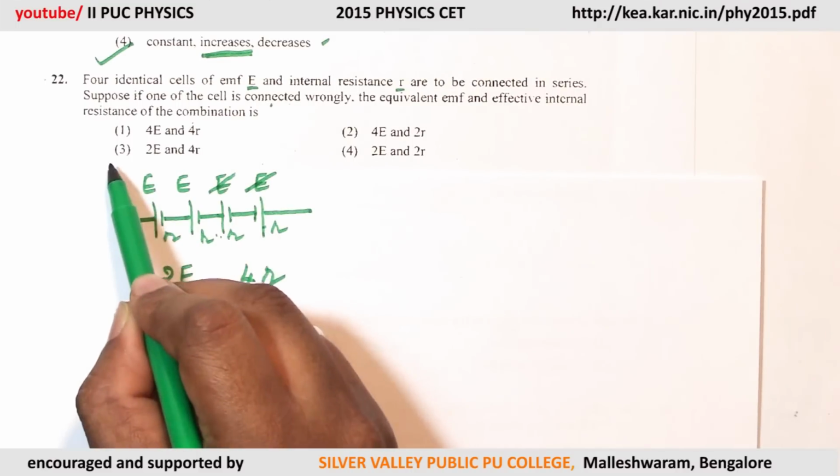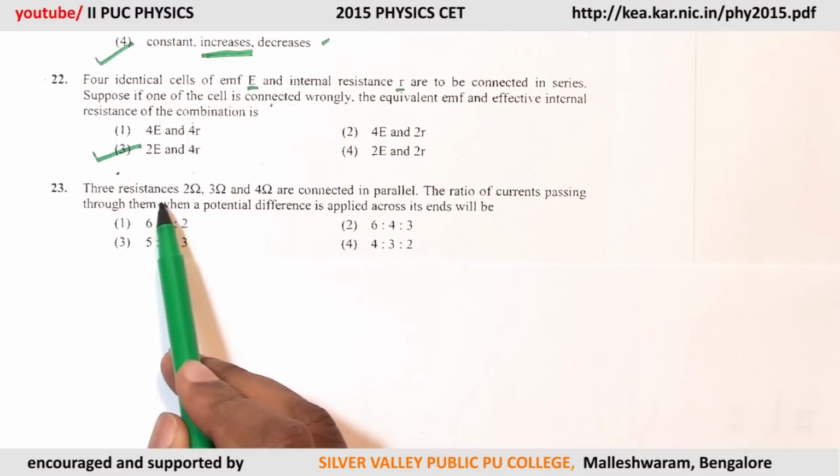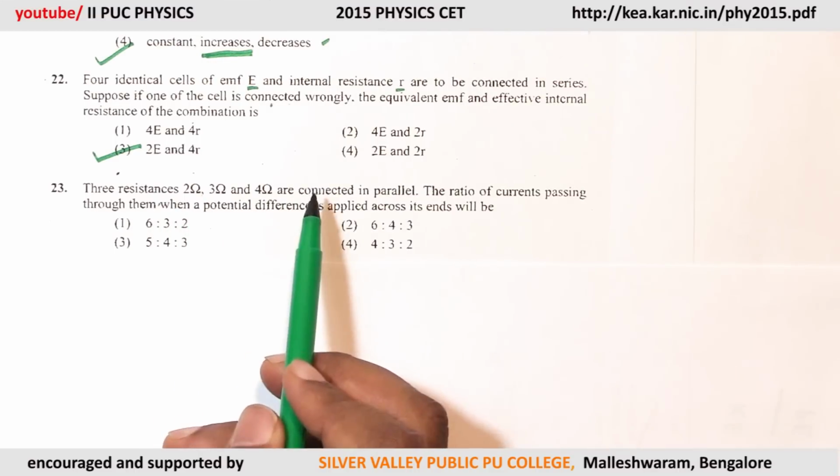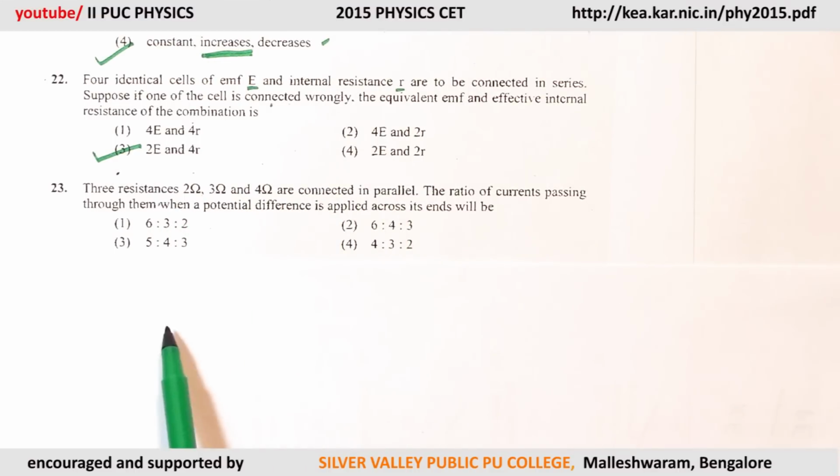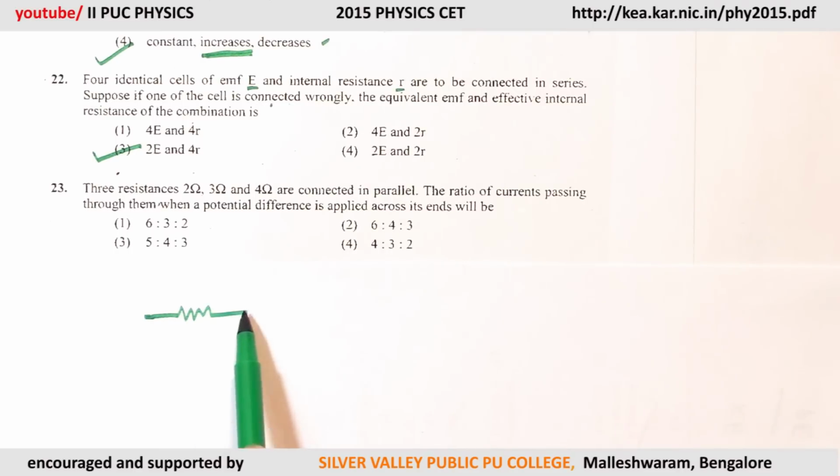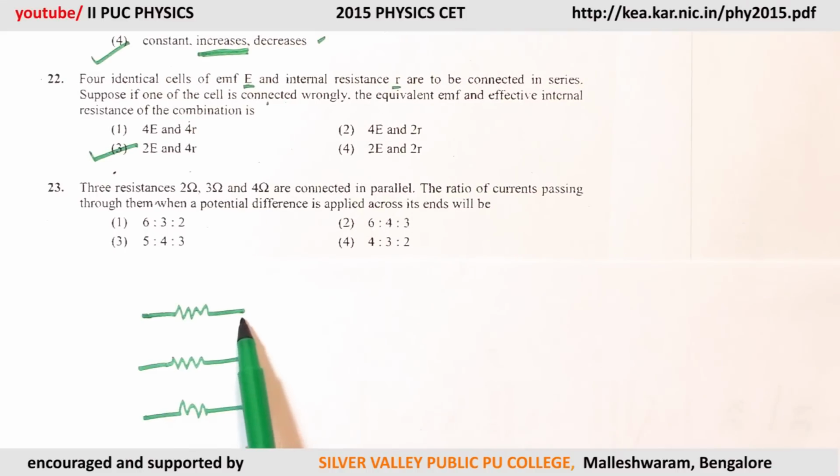Therefore, 2E, 4R. Three resistances 2, 3, 4 are connected in parallel.